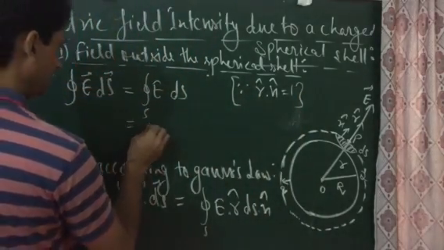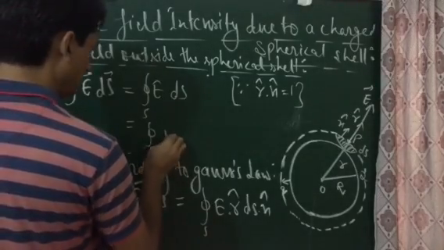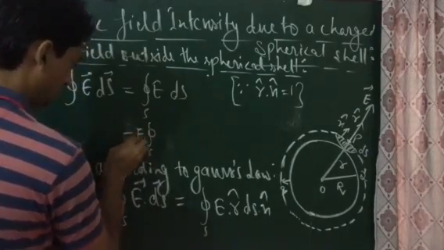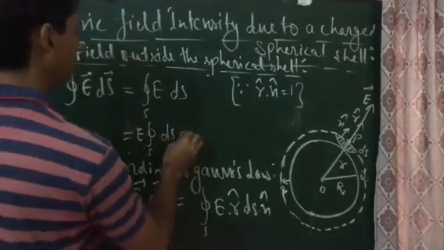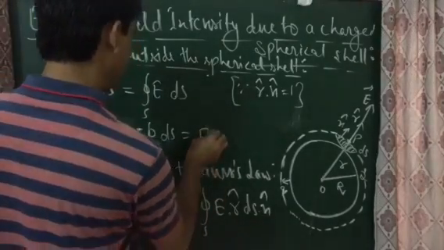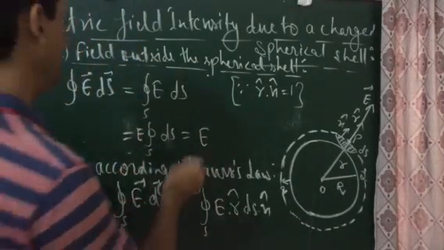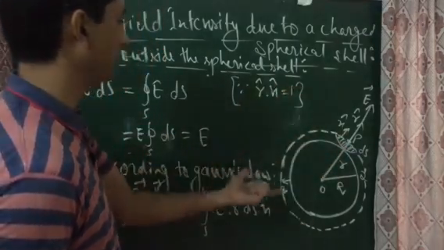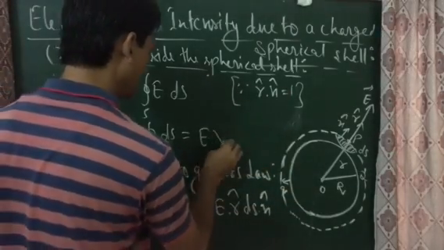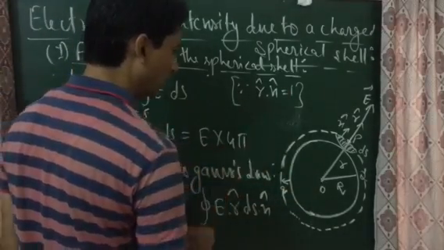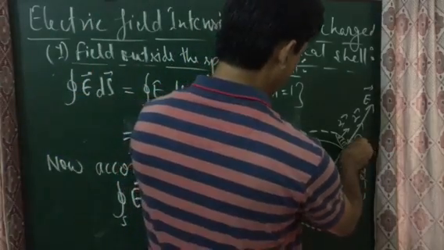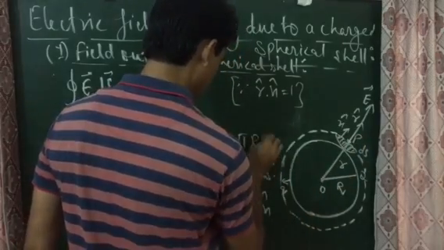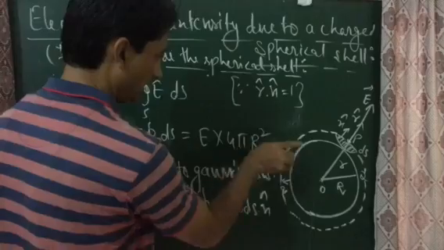So इसको क्या लिख सकते हैं, closed surface integral of E ds, and it is equal to E into ds; small area element को integrate करेंगे तो we will get the whole surface area of the sphere, that is E into 4 pi r square, where OP is small r.